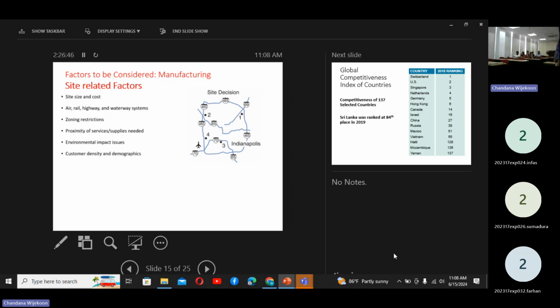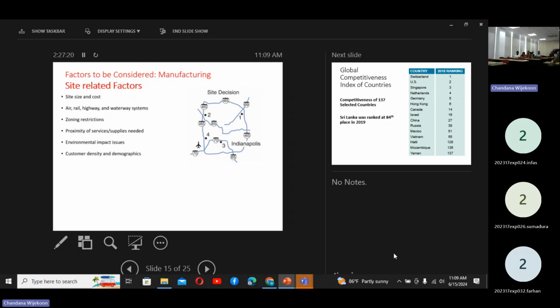In addition to that, proximity of raw material supply, environmental impact, and related environmental issues should be considered, and then of course customer density and demographics. Density in the sense of customer density, population per square kilometer, the number of customers living there, right?